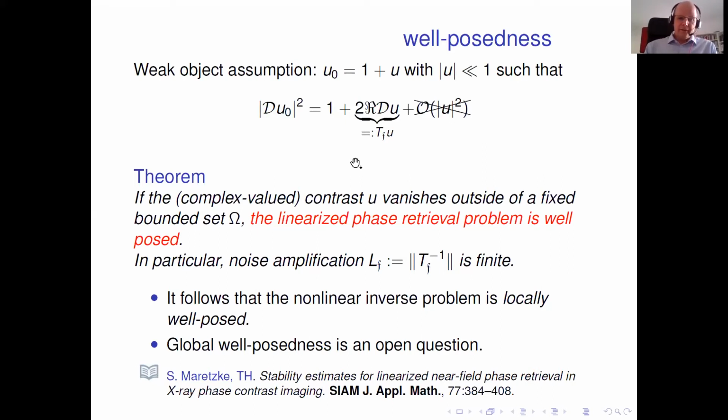Okay, and then we could show a surprising result, which is that actually the linearized problem in this setting is well posed. Usually all inverse problems are ill-posed, but we could show that it is well posed, at least in this setting.